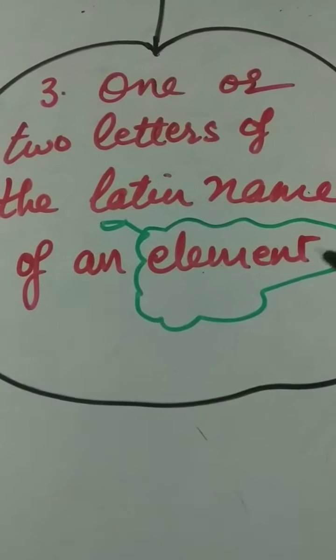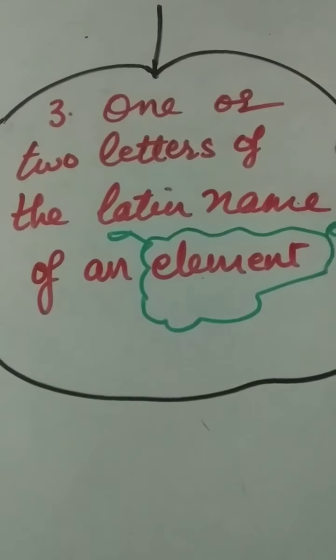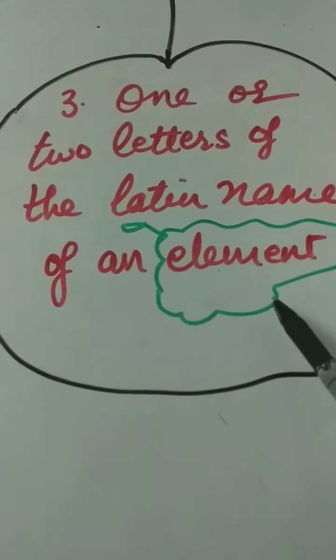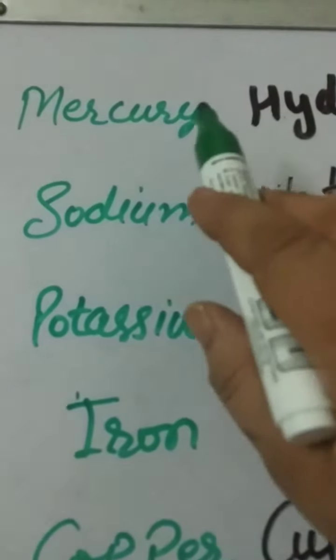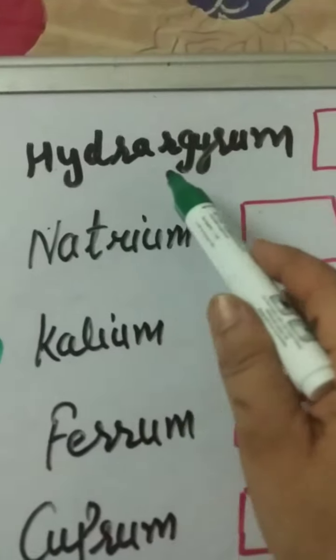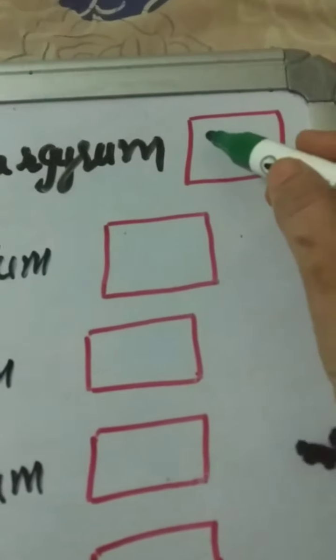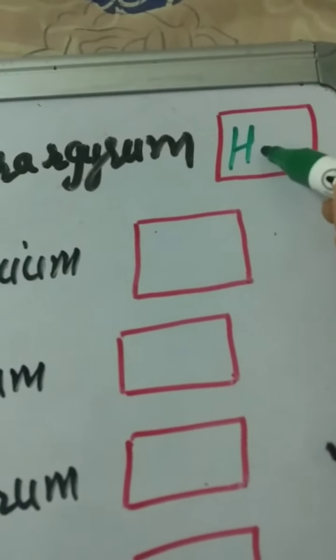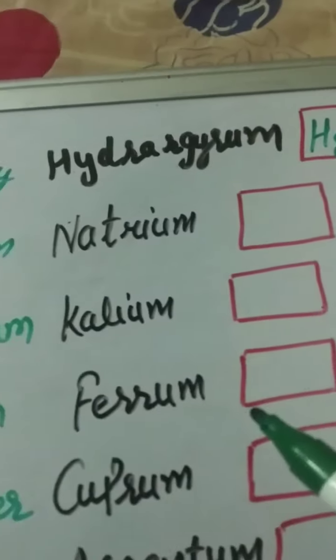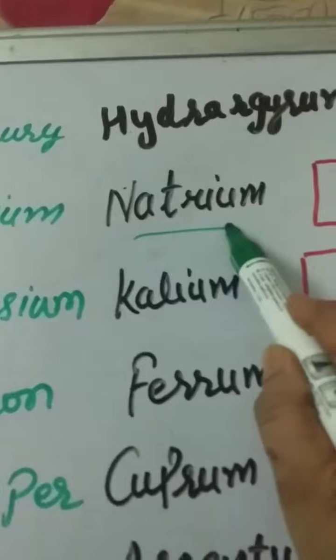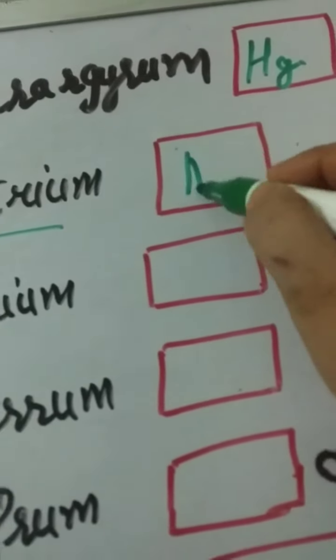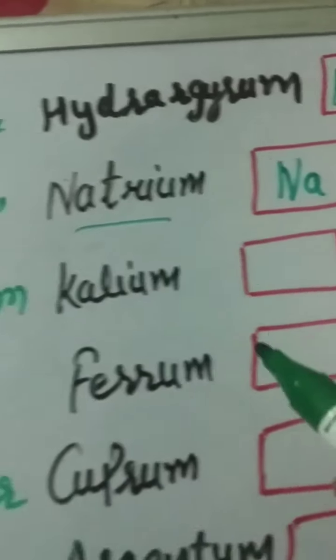Third way, 1 or 2 letters of the Latin name of an element. For example, mercury, Latin name hydrargyrum, and symbol is capital H, small g. Sodium, Latin name natrium, symbol capital N, small a.